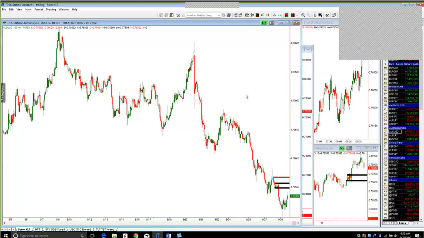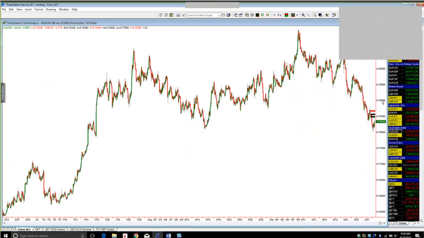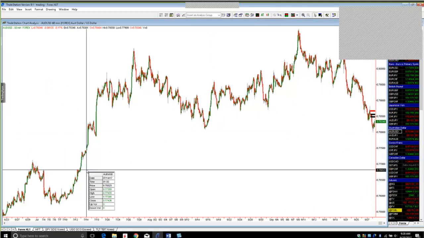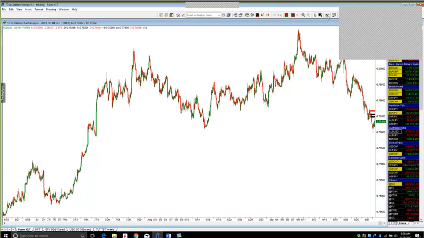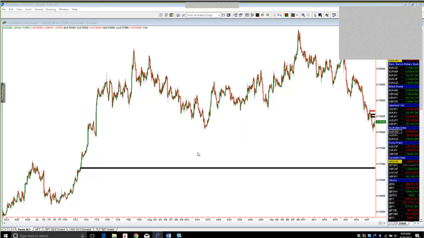So I'm just going to scrunch the chart until we can see back. Let's do that even more. Here's that whole area. Okay, so we don't really have any significant demand until down here. So I'm just going to put a blue line in there, which will be the target.